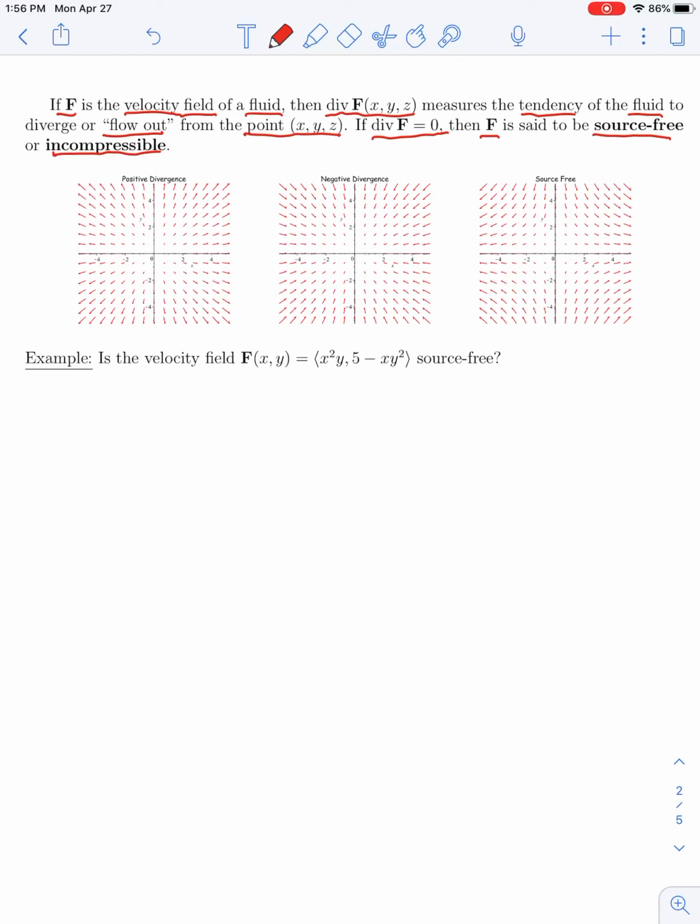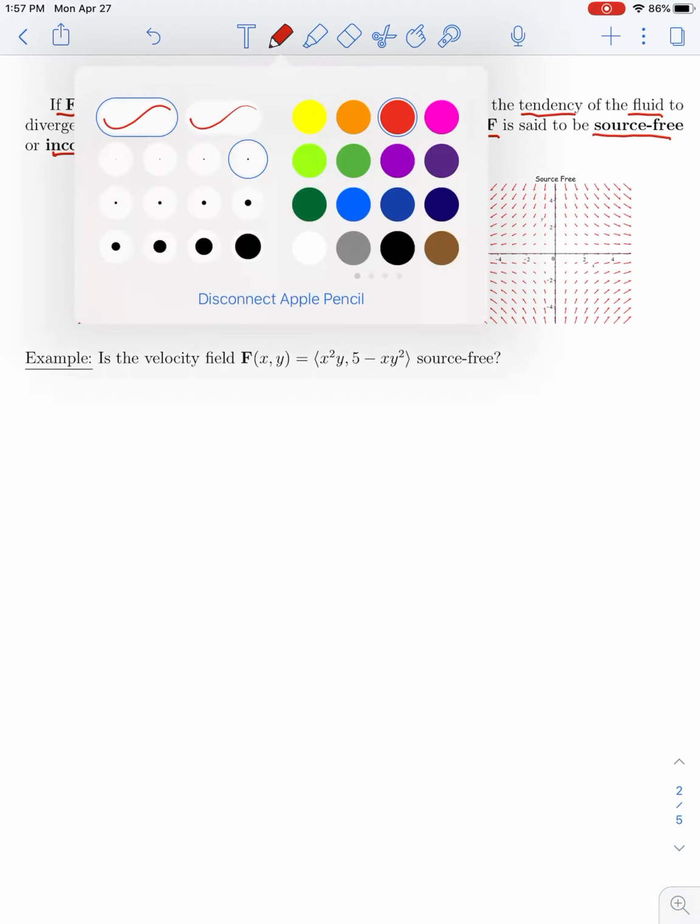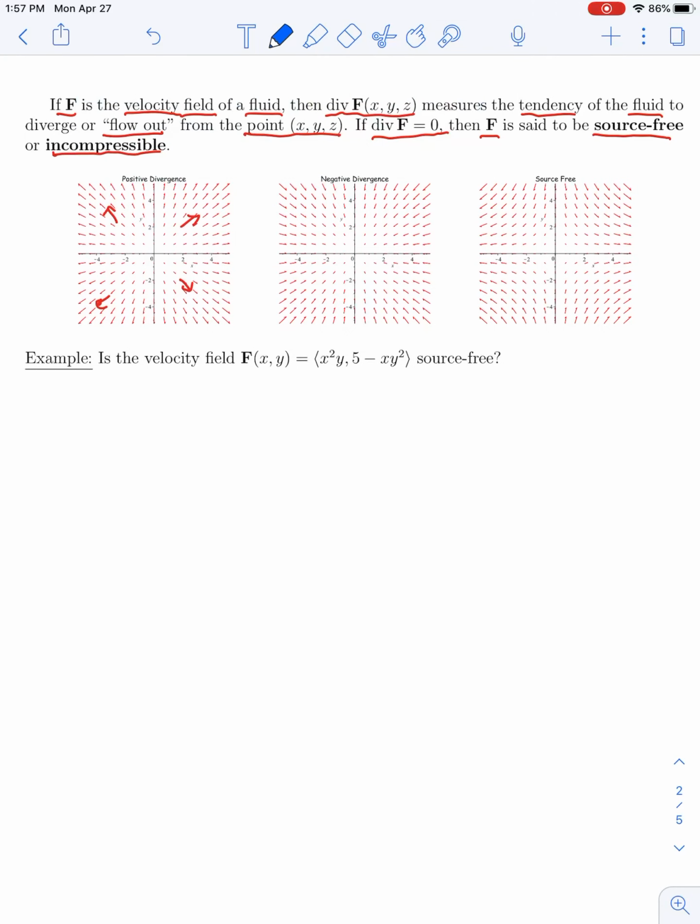In this left-hand plot, we've got a graph of a 2-dimensional vector field, and we see that all of our vectors seem to be diverging from the origin, moving outward. So this might be a radial field. At the origin, we see that our velocity field for this fluid is moving outward from that central point.